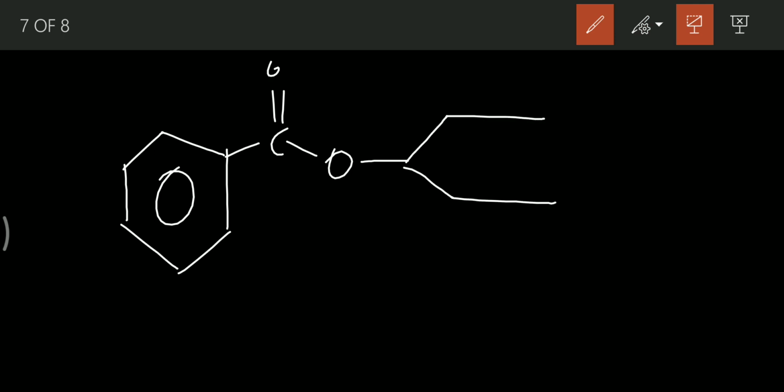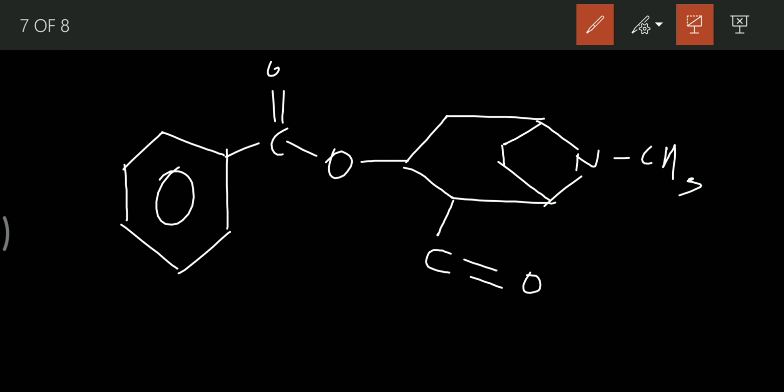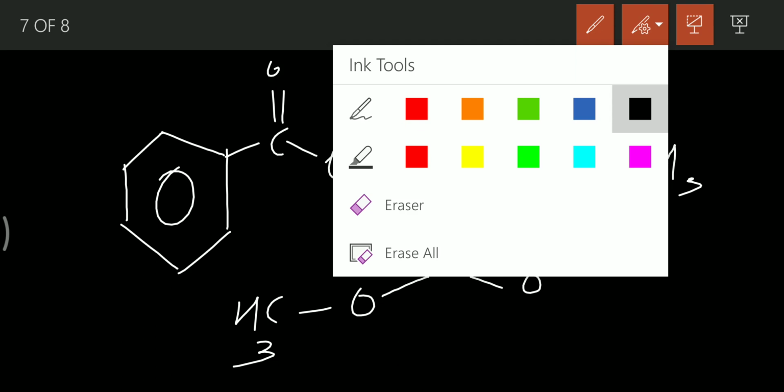So this is tropane. So it is bonded to the para position of tropane. Next, to the meta position, you bond one C double bond O group, which is bonded to oxygen, then bonded to a CH3 group. So you can imagine like this.